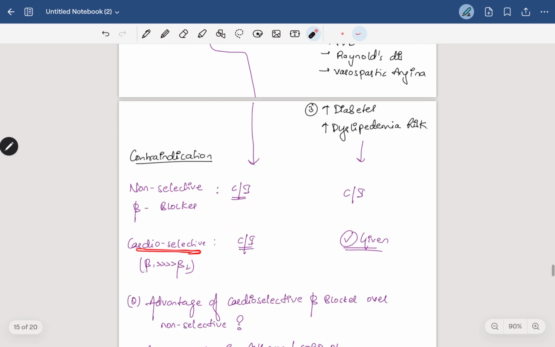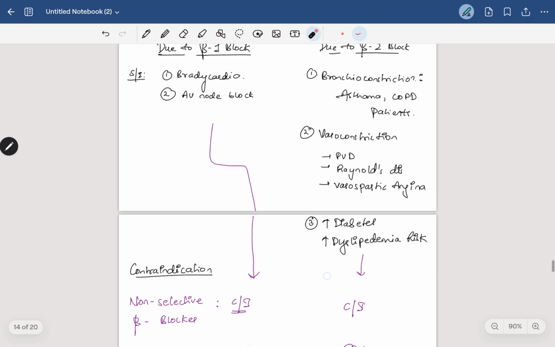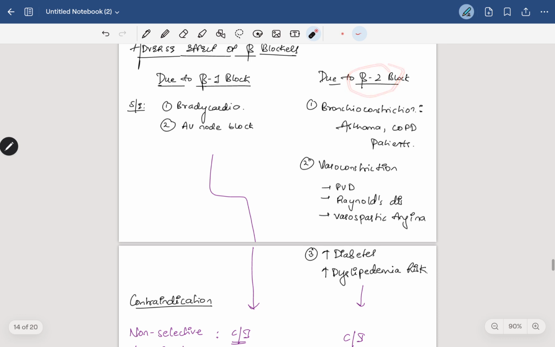Now, cardioselective beta blockers, that is, they act more on beta 1, right? So obviously, they need to be contraindicated in a person who has bradycardia as well as AV node block. But can I give cardioselective beta blockers in patients like these? Look, absolutely we can give it in them because it is not blocking beta 2 receptors more.